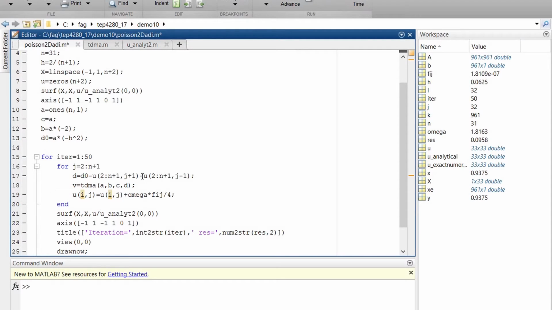But then we have to update the velocity. So how can we do that one? Well, the u for all these i's, 2 to n plus 1 comma j, that is exactly what we hopefully have found.